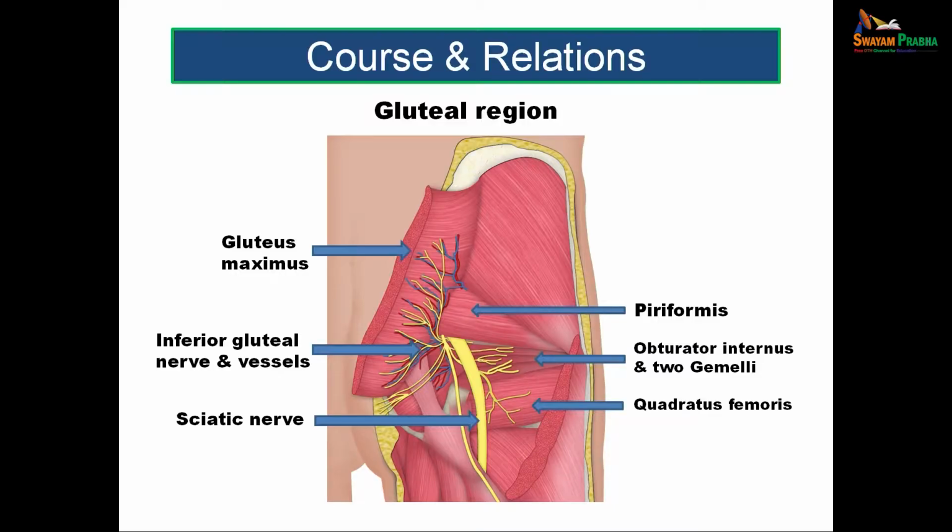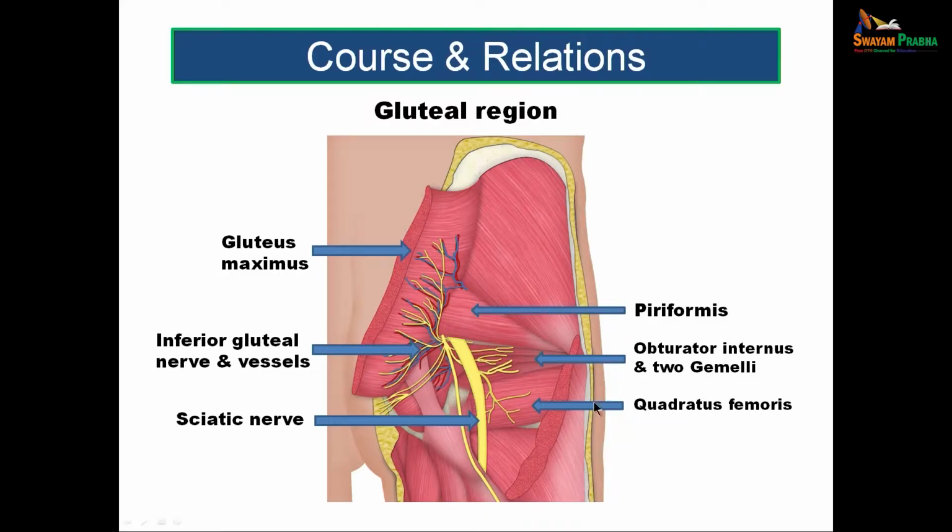As it emerges below the piriformis, it will descend down to reach the thigh. Deep to this will be the ischial surface, that is the body of the ischium. Next to this, you will find the obturator internus and the two gemelli.